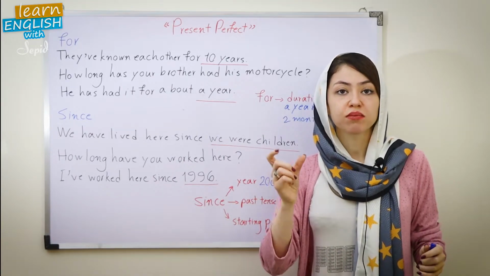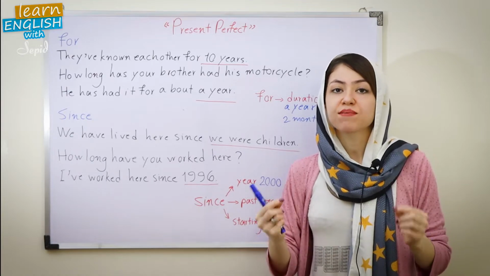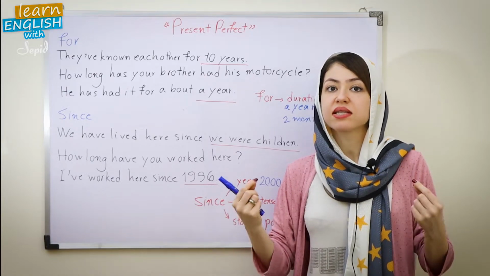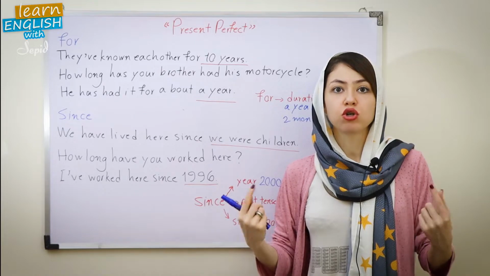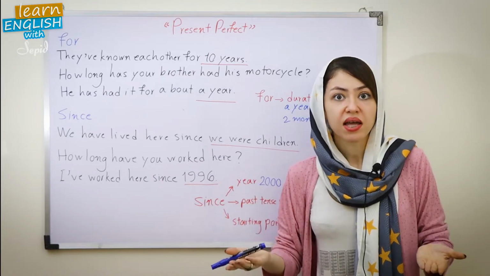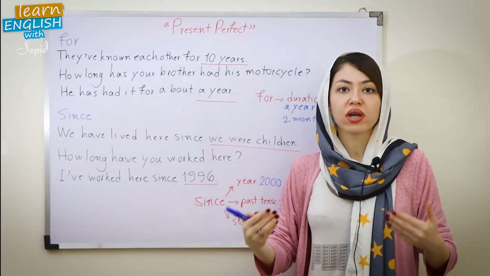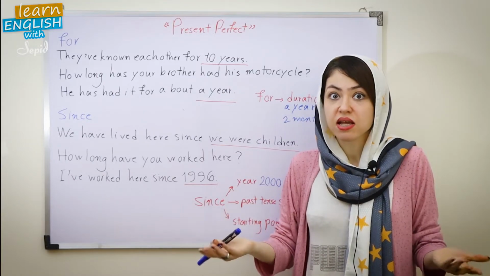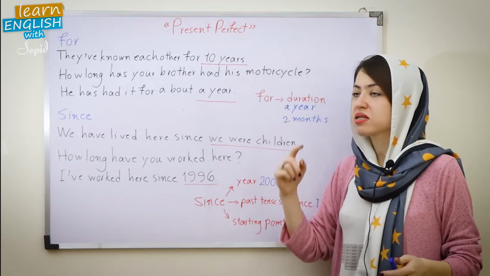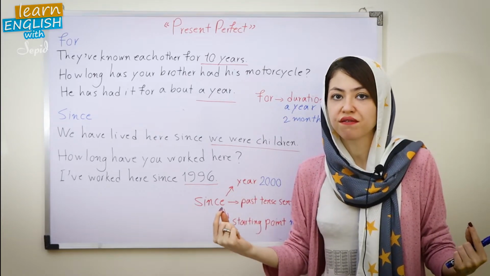So in present perfect, unspecified time is necessary. If we don't use unspecified time, it's going to turn out to be the past tense, okay? So we are not going to talk about the past tense. We want to talk about present perfect. What is present perfect?